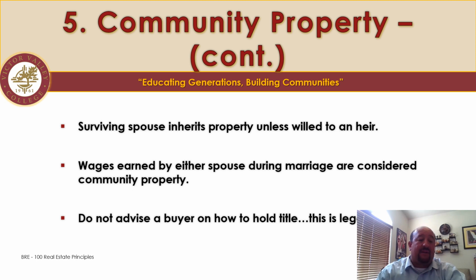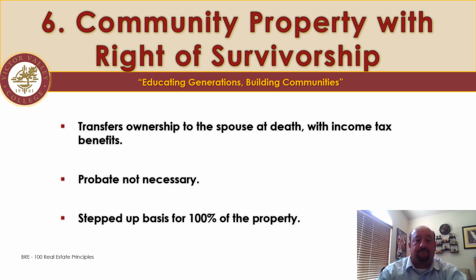Now, there is a blurb here that says do not advise a buyer on how to hold title. The reason for that is when you do that, you're almost acting as a lawyer. You want to stay away from giving legal advice because that's not what a real estate professional does. Now, community property with the right of survivorship is a more current form of ownership.